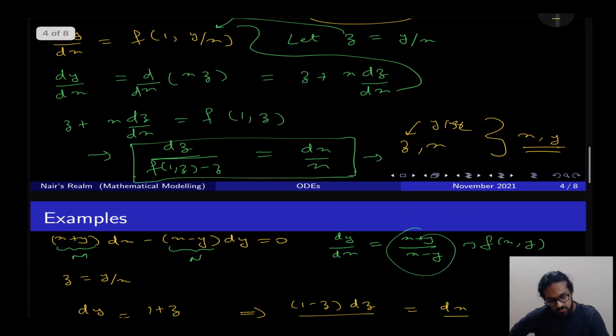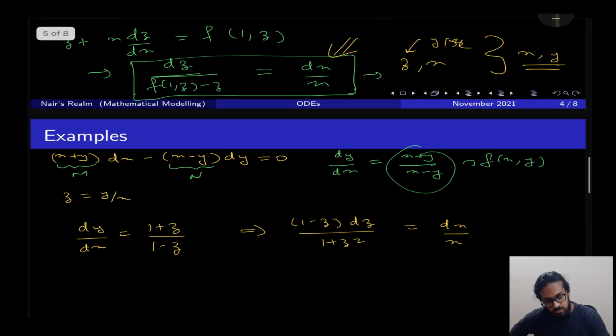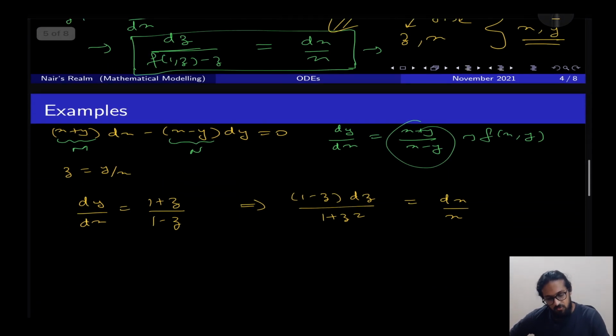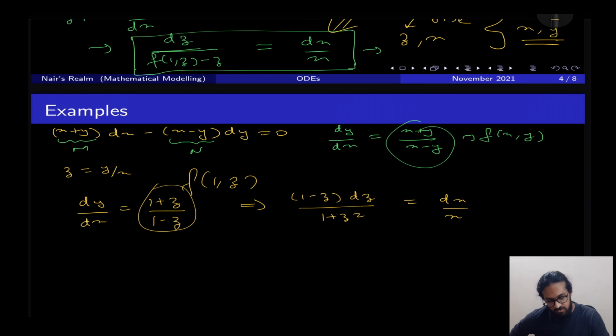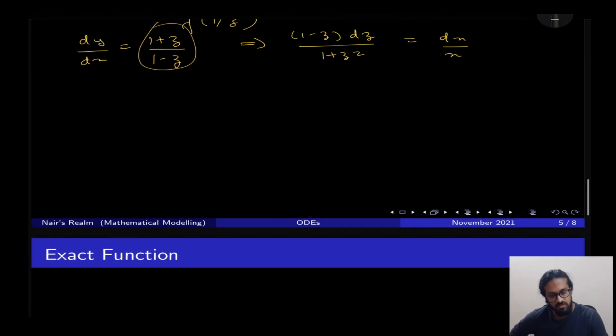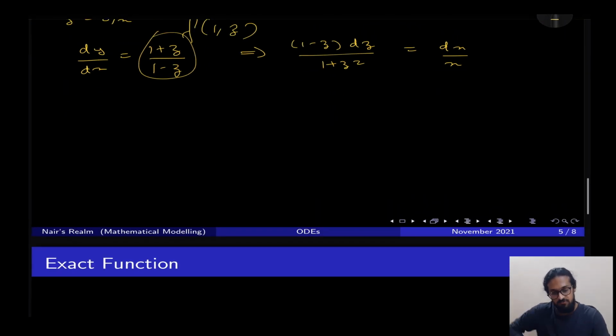I'm simply using this form of the equation. So we know what f of 1 comma z is. This is f of x comma y, so this is f of 1 comma z. I'm just substituting that here and I get the differential equation in variable separable form as this.